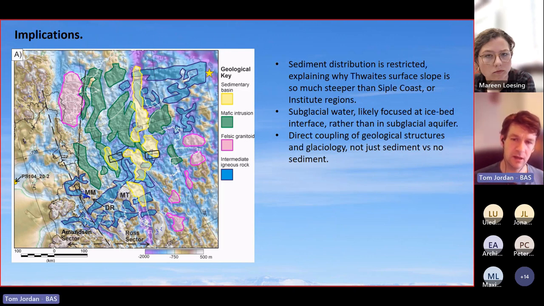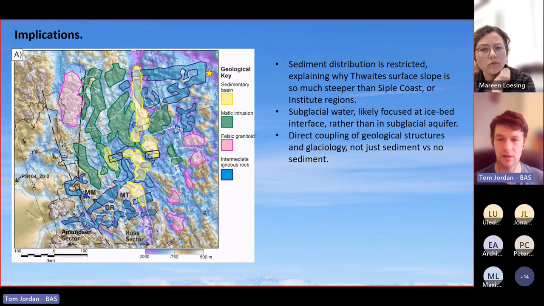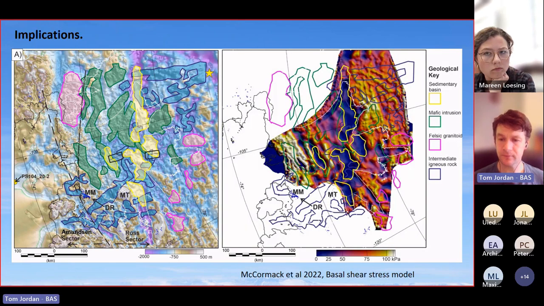But in addition to the sedimentary basins, I think there's a direct coupling between the geological structures and the glaciology. So it's not just, oh, we've got sedimentary basins, it's fast flow, anything else it's not. If you look in more detail, this is a recent inversion of basal shear stress done entirely independently of me, which is why I quite like the figure. When you plot the geological boundaries, yes, you do see that the sedimentary basins are associated with really low basal shear stress.